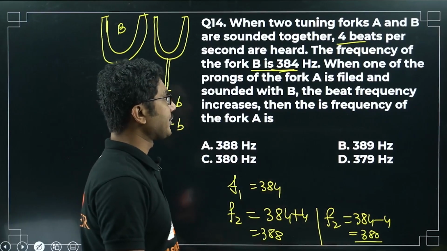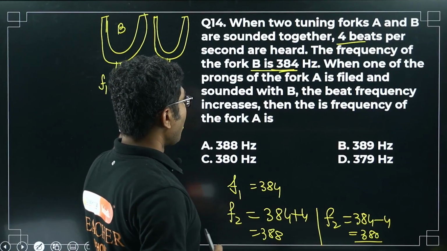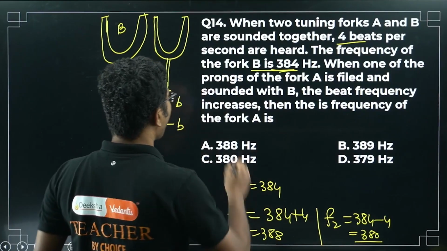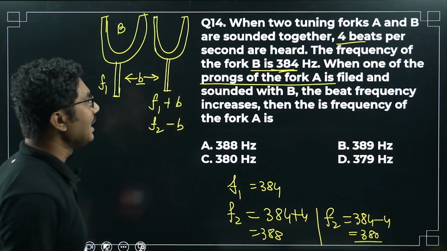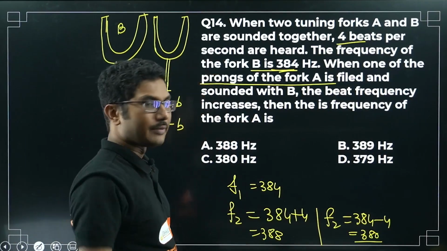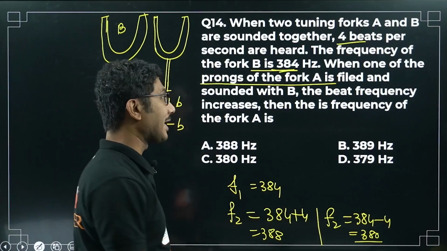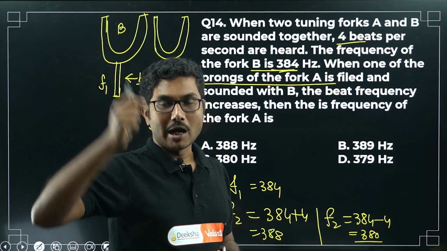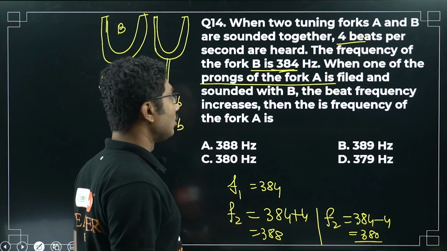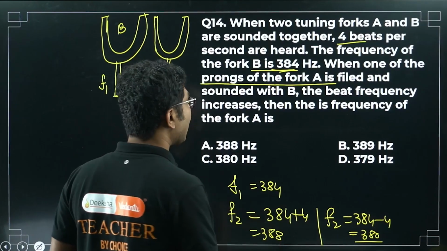Okay, now what is the question? When one of the prongs of the fork A is filled and sounded with B, we are trying to find the frequency of A. Now suppose you have added some wax or some glue into the prong A, then what will happen?